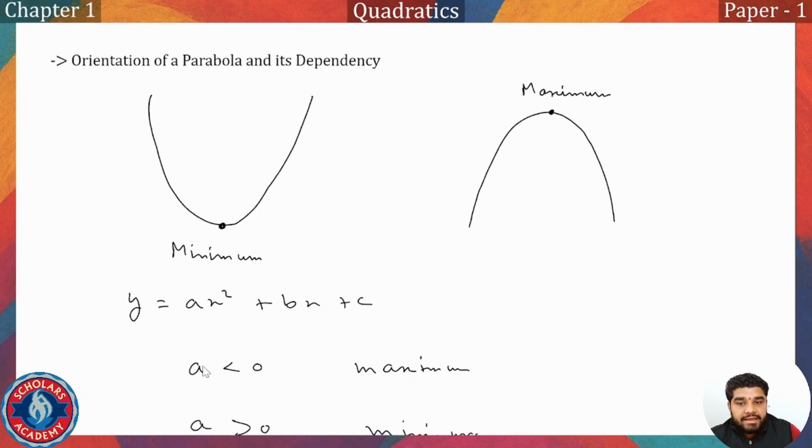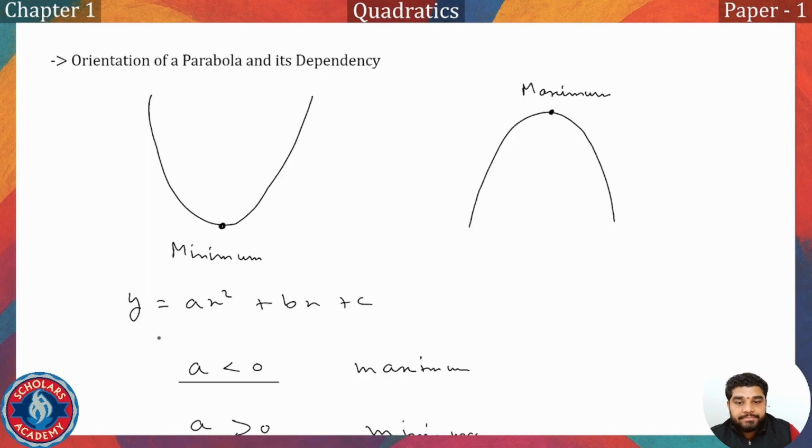What these a's tell us is that if we get a value of a that is negative, it means the shift in the curve is negative. That means earlier the curve was increasing, now it is decreasing after this point. So the orientation is that the curve goes upwards, and after the maximum point it starts going downwards.